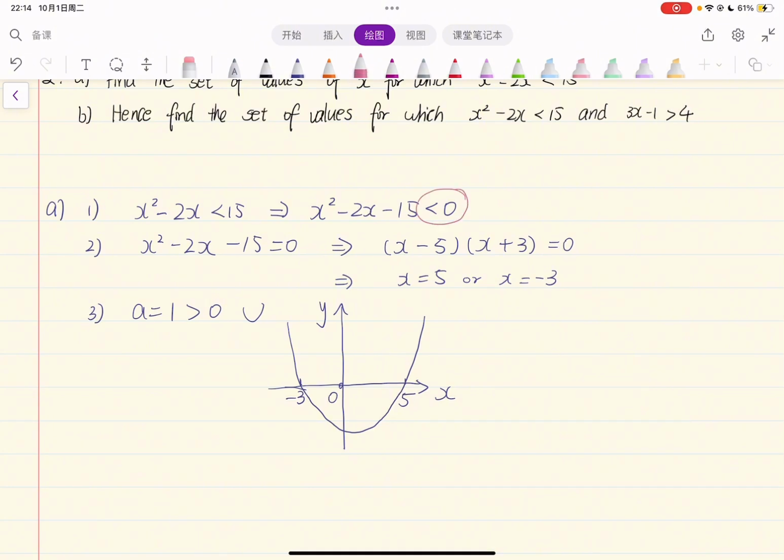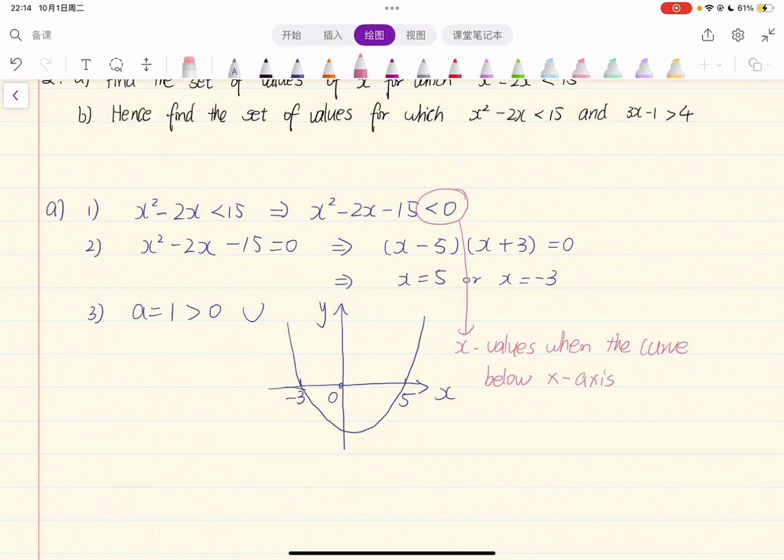So in here, less than 0 means the x values when the curve is below the x-axis.